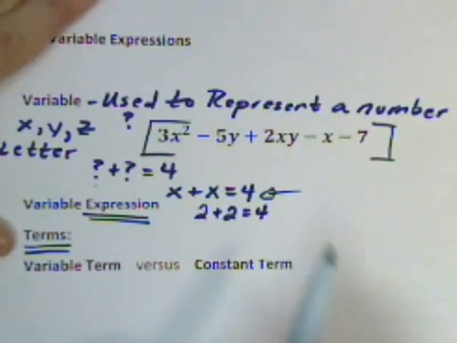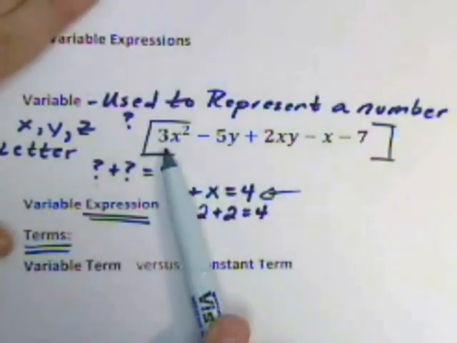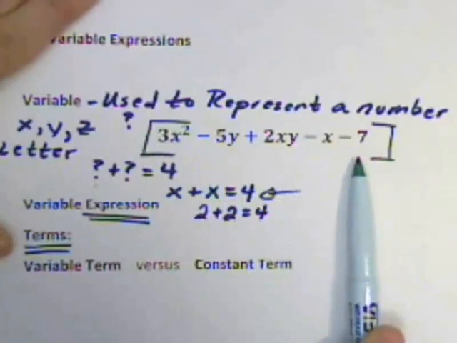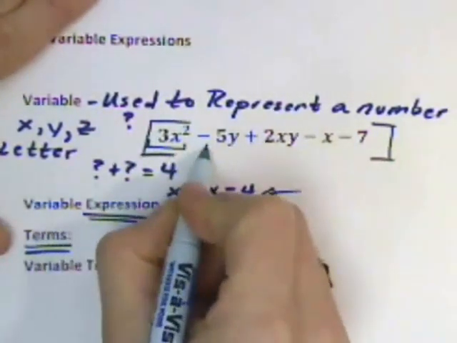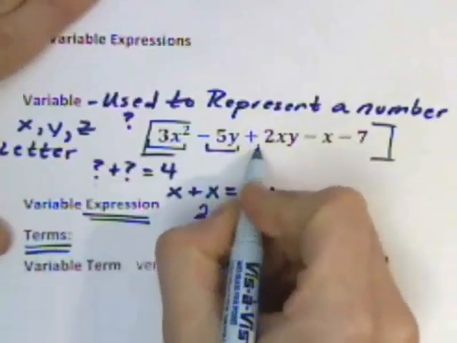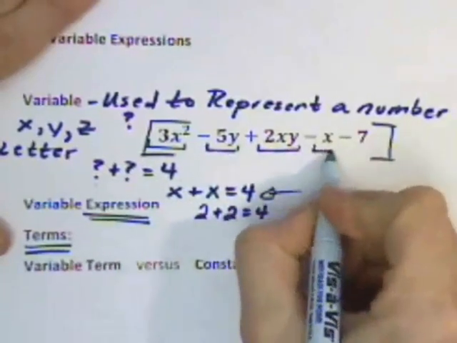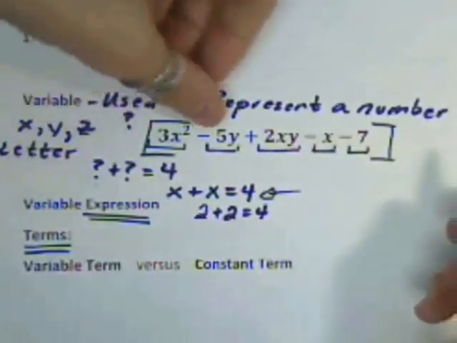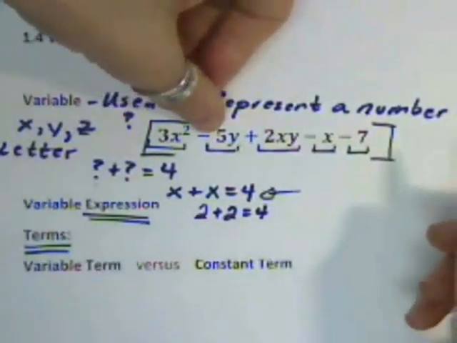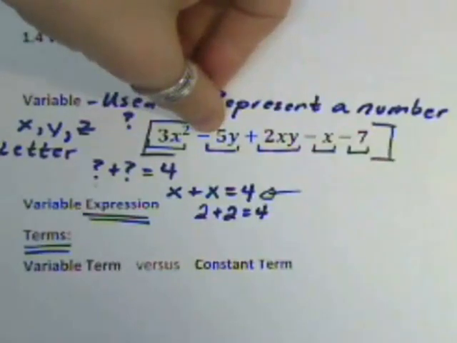The first thing that you'll notice as you look across this example, okay? Most people would naturally look at 3x squared as one piece, and this minus 5y is another piece, 2xy, x, and 7. And of course, when we're looking at it, the sign right in front, remember from positives and negatives from integers, does tell us the sign of the number.